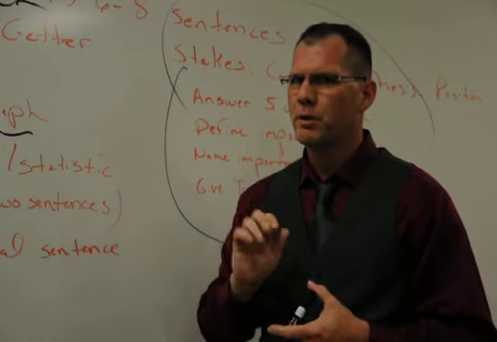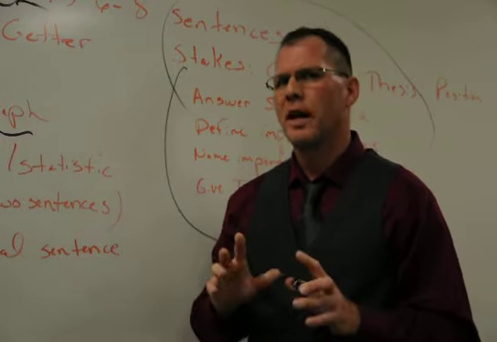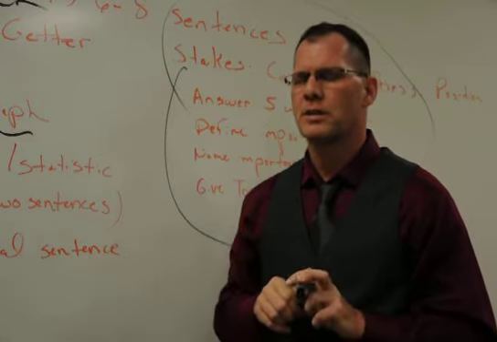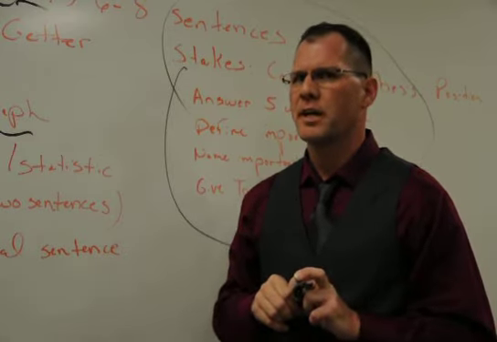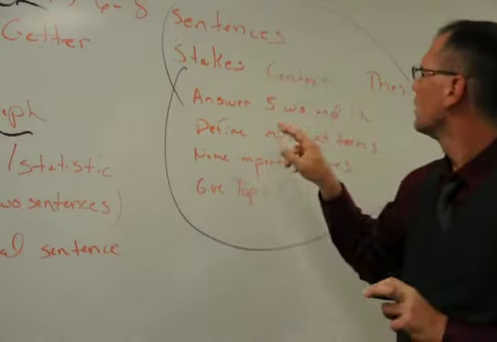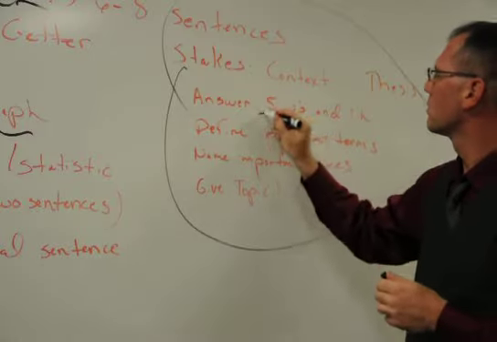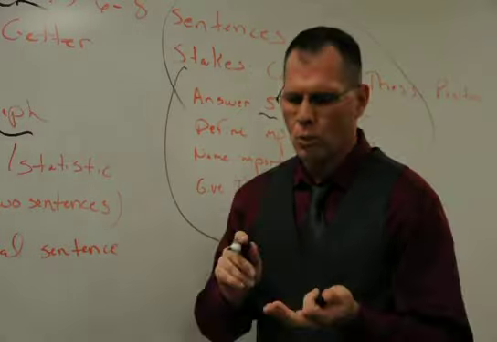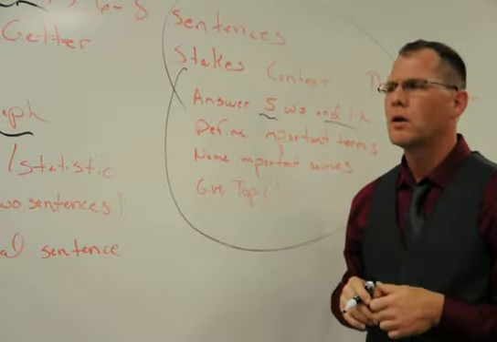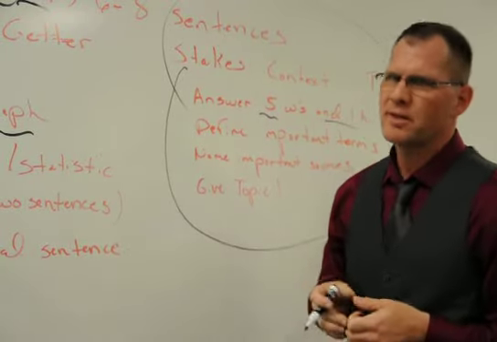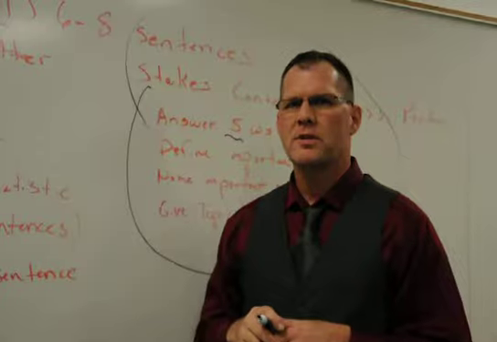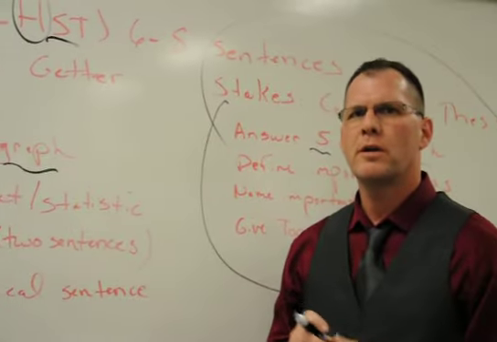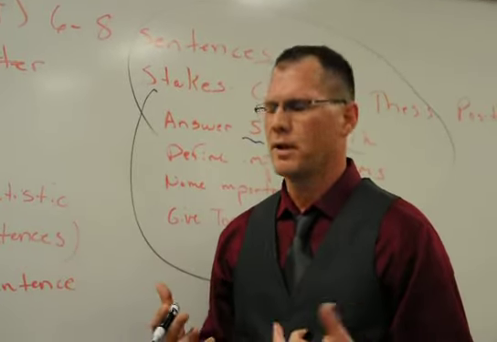Secondly, you have to put forth any definitions and answer some basic journalistic questions in the context of the stakes. So, journalists use what are called the 5 W's and an H, and that's what, when, where, why, okay, etc. And then you have the 1 H, which is the how. So when you're developing the stakes of an essay, you want to answer these basic questions for the reader so the reader knows the context of the assignment.